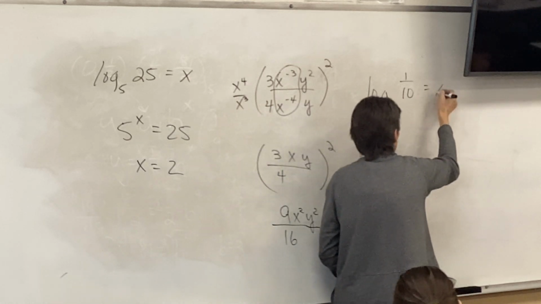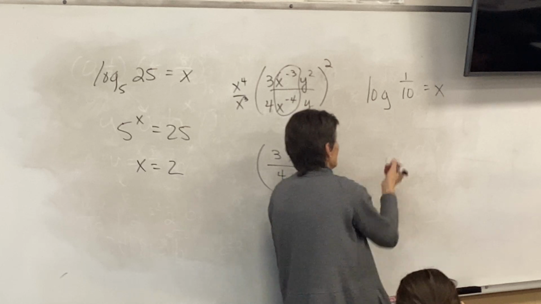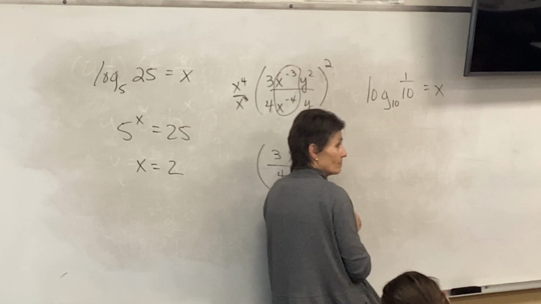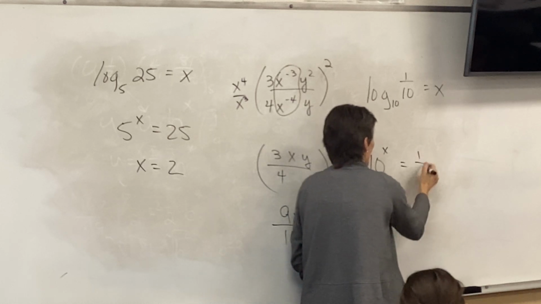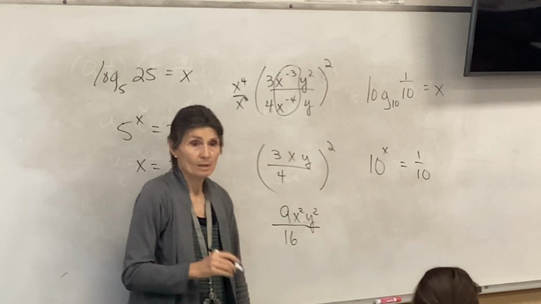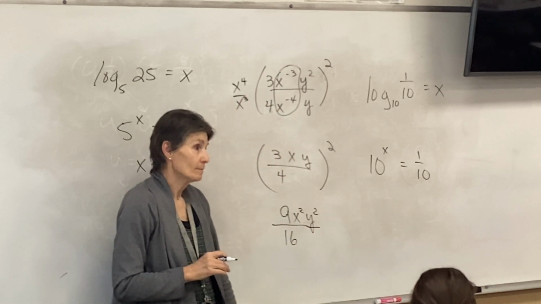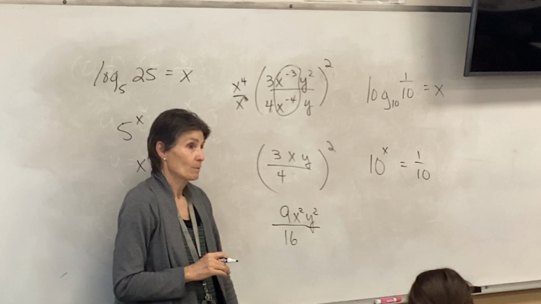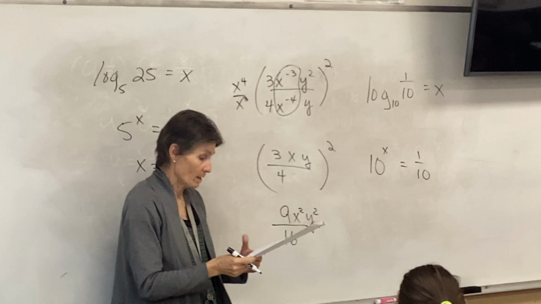Even if I put an equals X over here, I'm still missing something. What am I missing? My base 10. So 10 to the X is 1/10. Now you gotta be smart. Negative 1. Why is it negative 1? Because it's 1 over. Right? It's gotta be negative 1. The answer is negative 1.